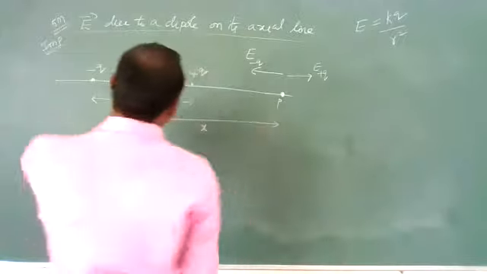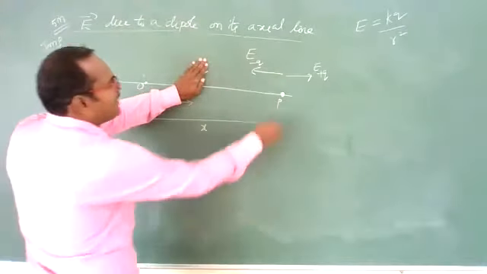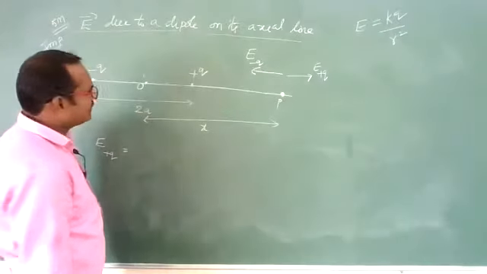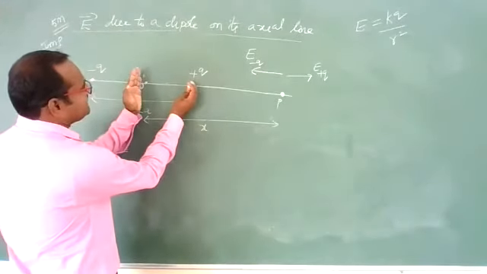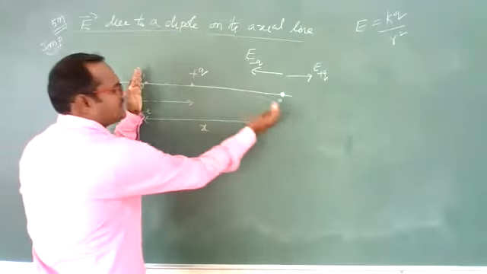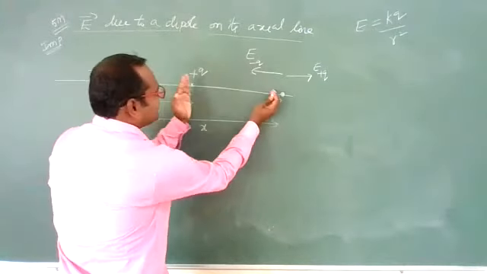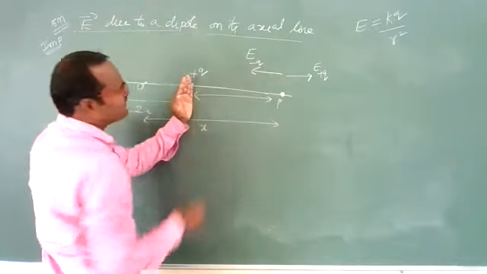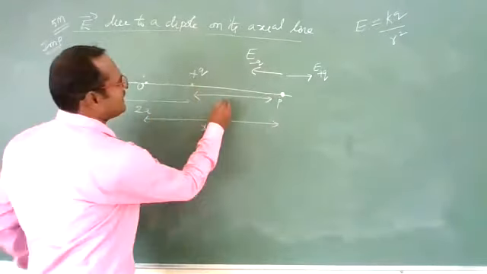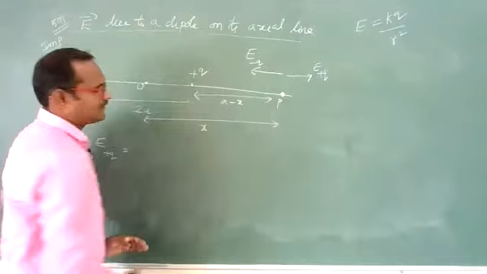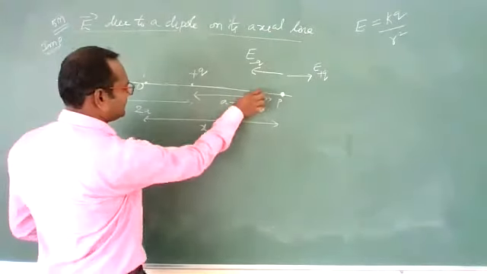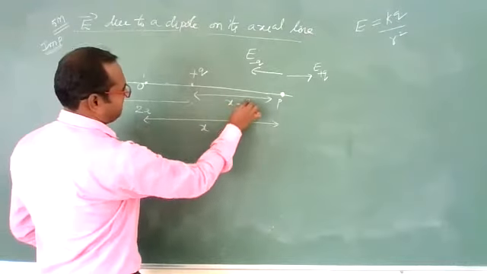Okay. Now, from the positive charge, point P is at what distance? See, this is distance a and this is distance x. Then this distance, how much? This total distance is a minus x. Sorry, x minus a.